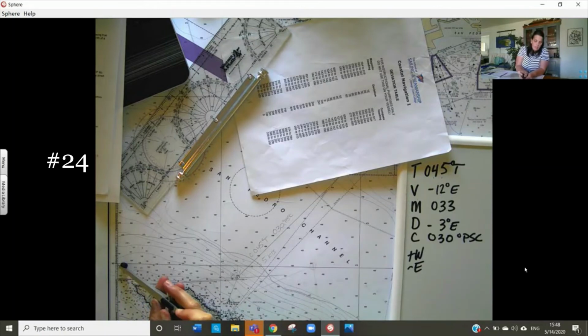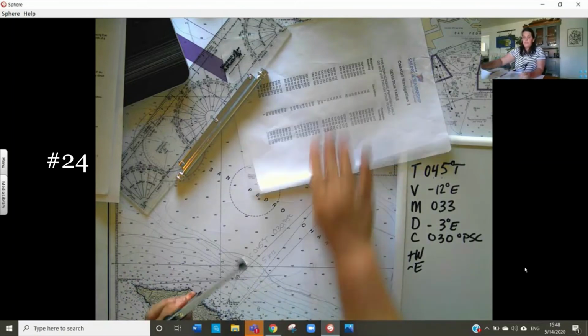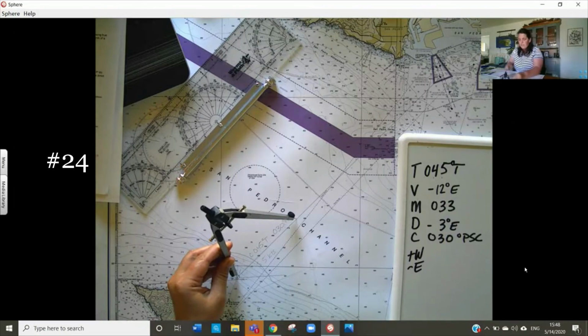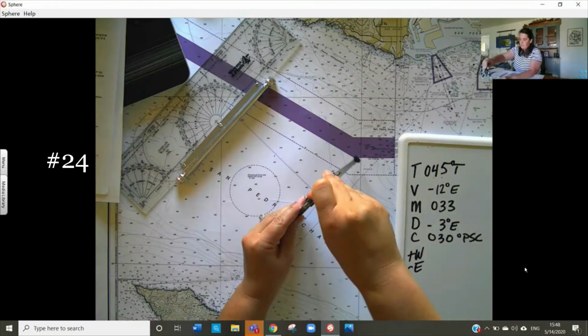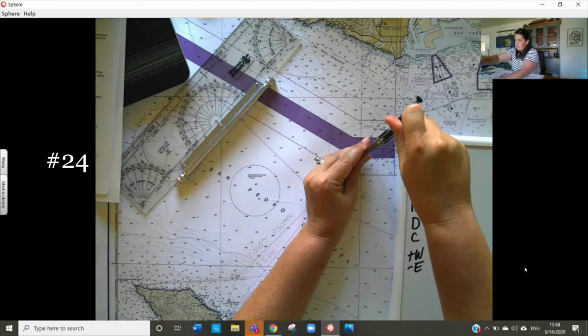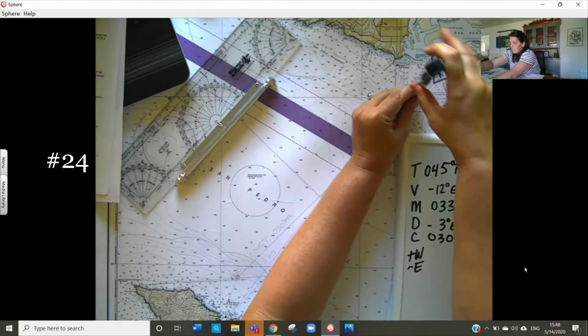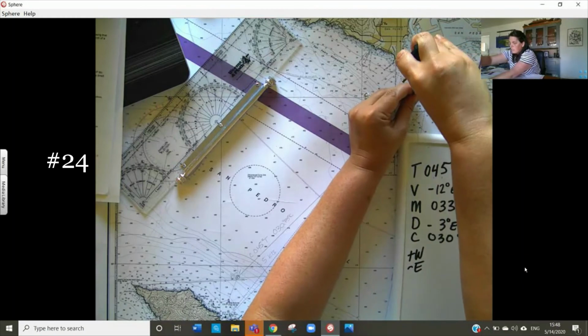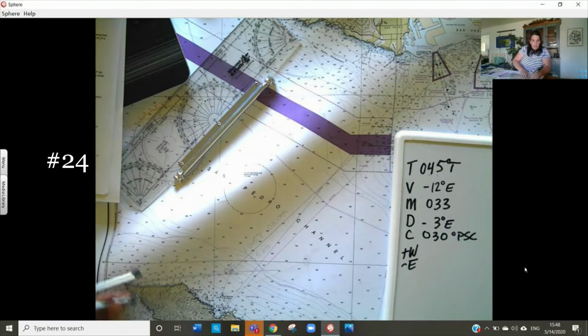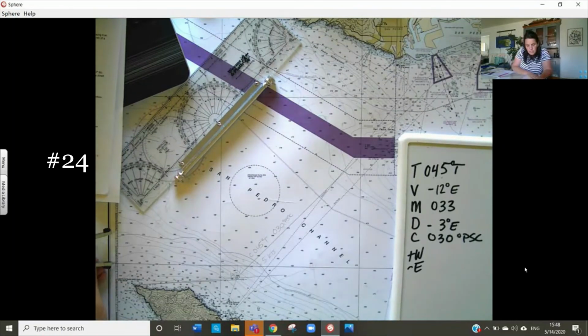I get 5 on my dividers, so I have 5, 10, 15, 15 plus 2, so 17.